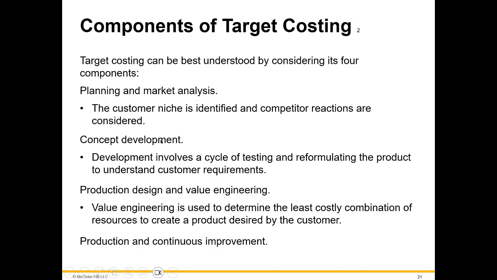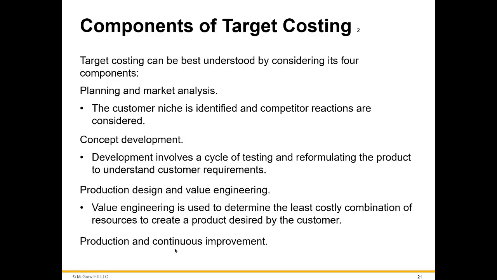Often in automobiles, they say, here's a concept car, right? That has these various characteristics. Then production design. Once we have a concept, then we've got to figure out how to get it in production and figure out how to do it considering cost from the start, and then production and continuous improvement. So those are the 4 components there.